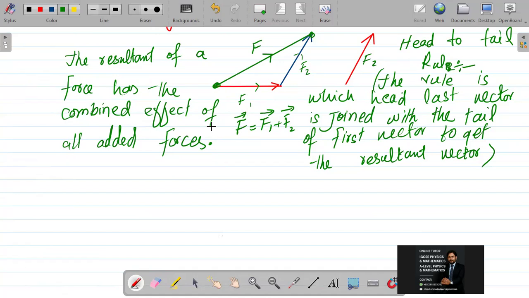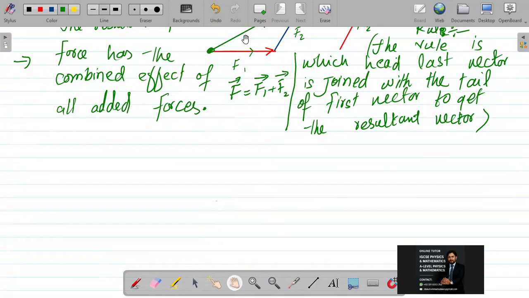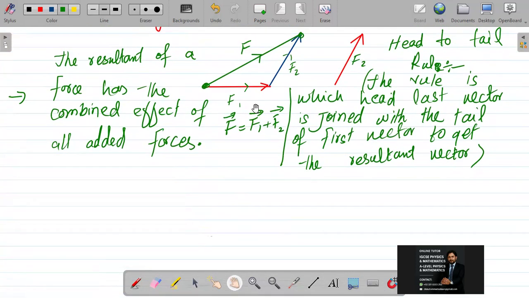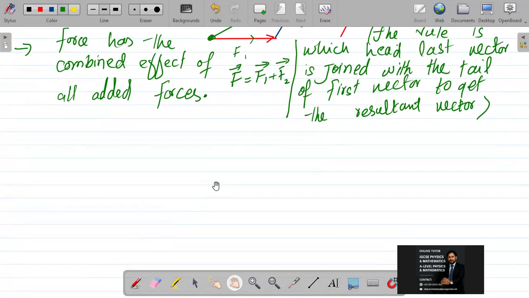Always remember, in scalar and vector quantities, head to tail rule must be followed to get the resultant.